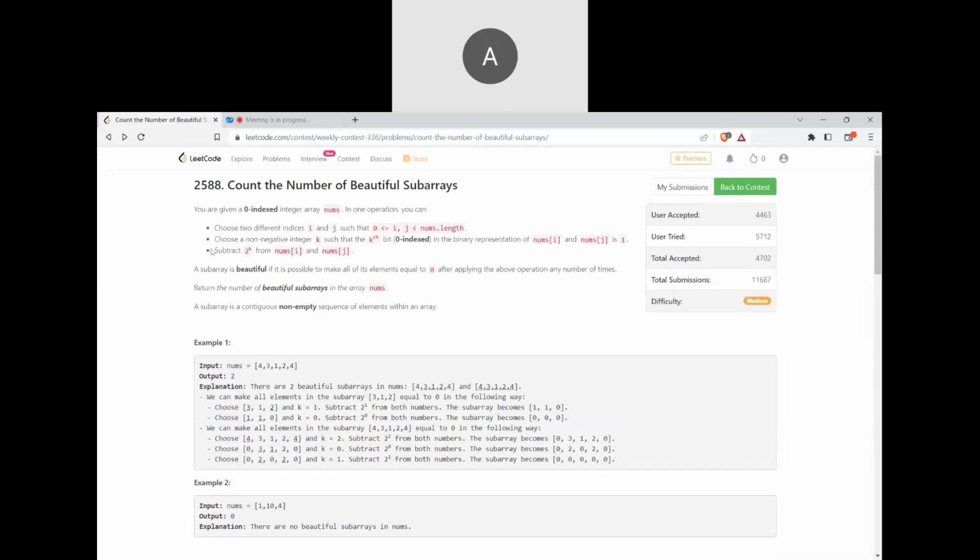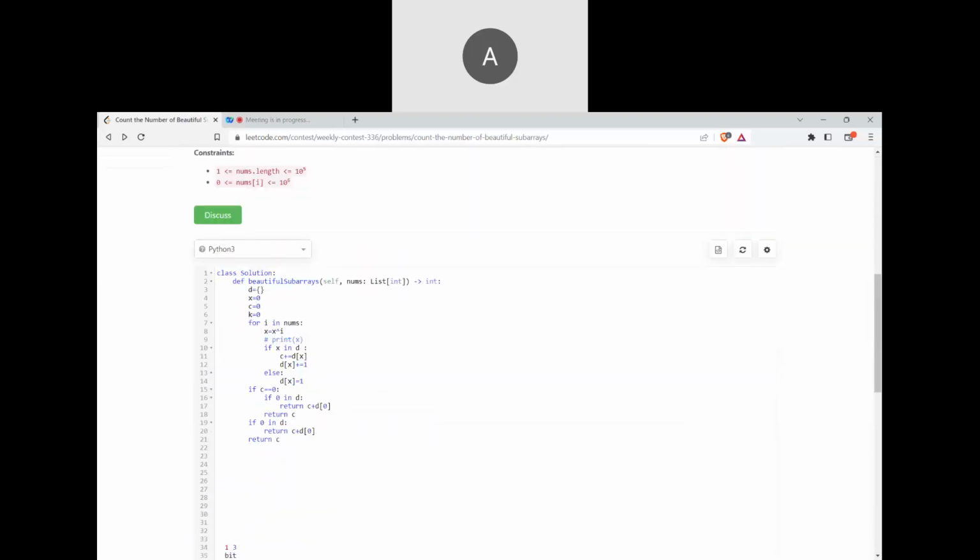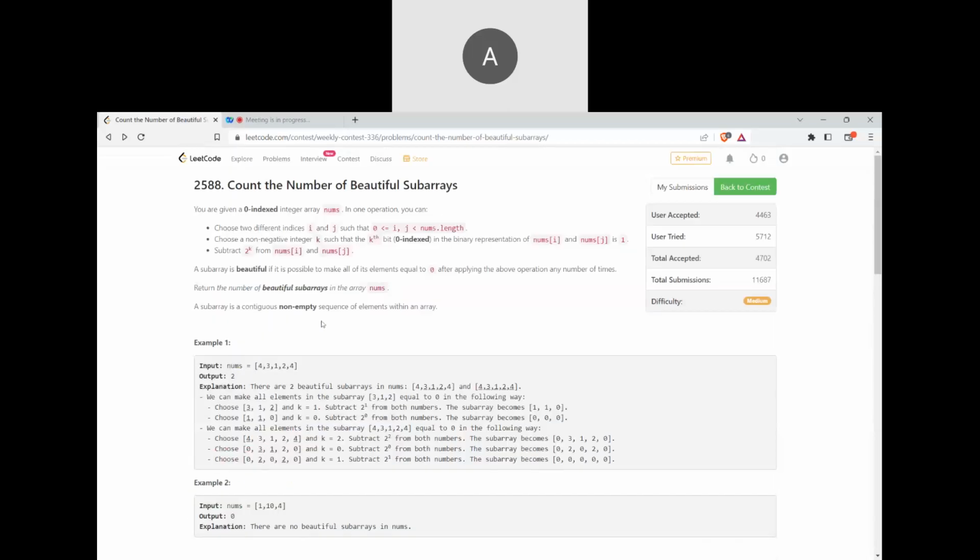Also, we have to find how many beautiful subarrays are present, which means how many continuous parts are present where, if we take any bit k and do this process any number of times, the final result must be 0. Suppose there is a subarray 1, 2, and 3.